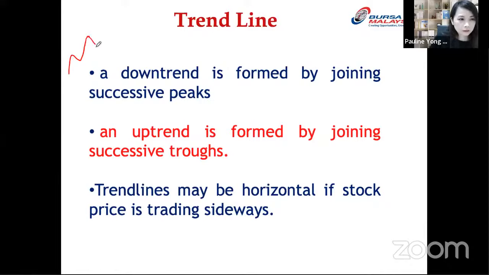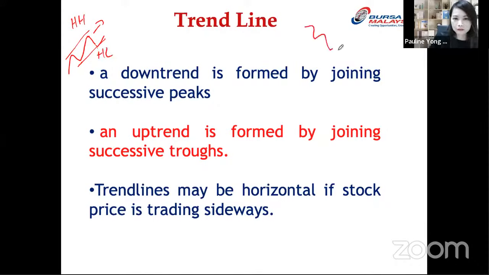Then when it retraces, and then it goes up again, this low is higher than the low here. So when you see higher high and higher low, then we can see that it is an uptrend. The definition is very simple for an uptrend: higher high and higher low.